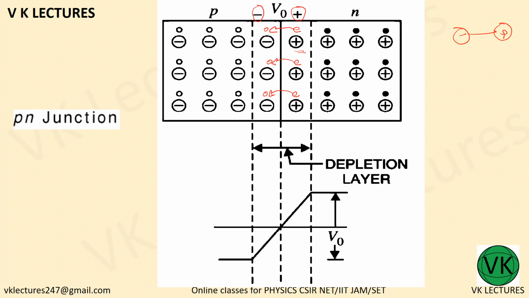Okay, so there is an electric field from positive to negative. The electric field is developed in the negative direction of the change in potential, right? Electric field E is equal to minus del V. It is in the negative direction. That means the electric field is in this direction, and the potential changes from lower to higher.